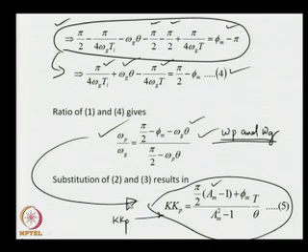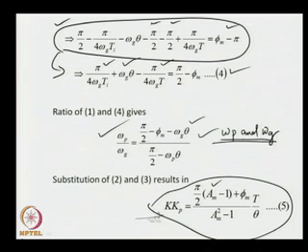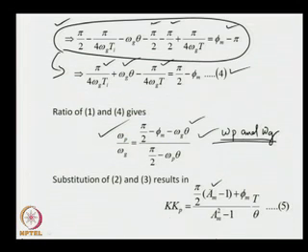So, what we get from this expression? This expression, if you look at carefully, has got the unknown k p. So, k p is the only unknown, since k, t, theta are known. K, t, theta are the parameters of the process model.